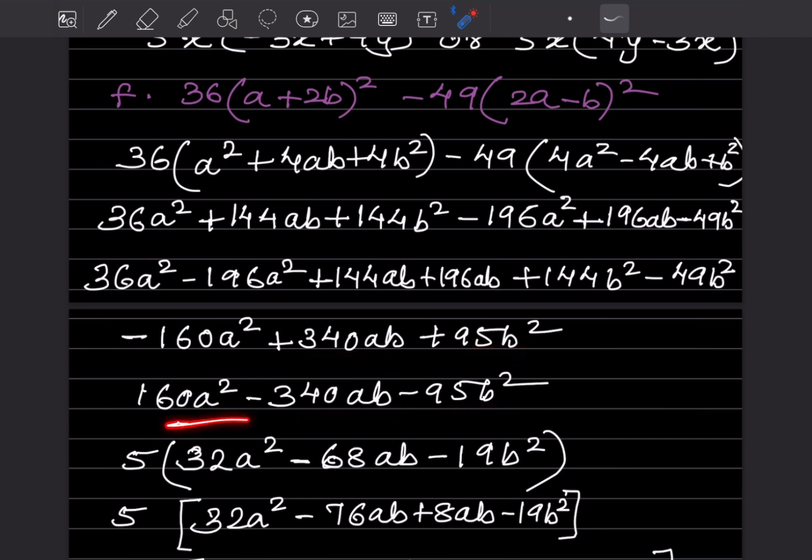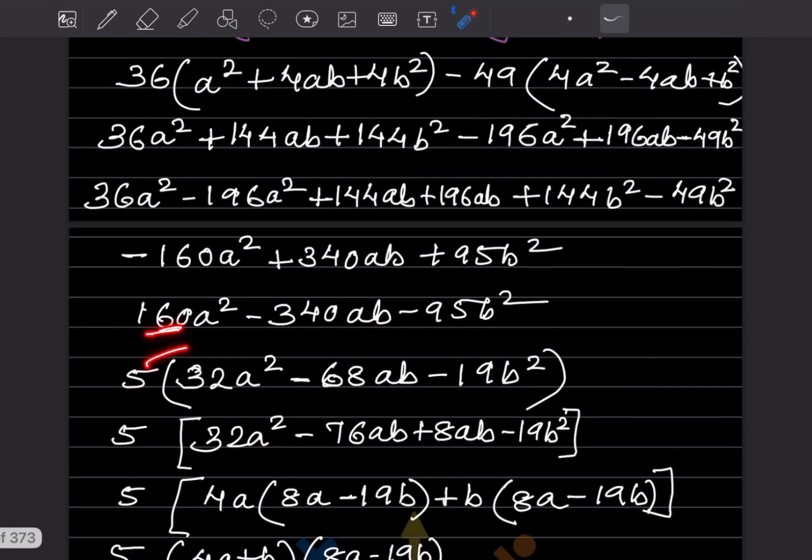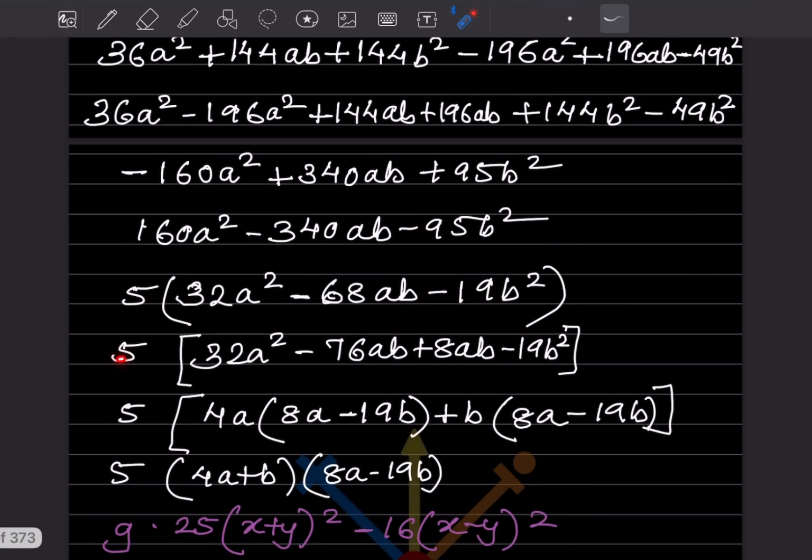So now from this one, we can see 5 is common, the HCF of it. 5 will be common here. So this will be 32 to make it 160, that is a square. From this 340, 5 is already here, that will be multiplied by 68. This 95 minus here, 19 5s are 95 b square. So 5 write as it is.